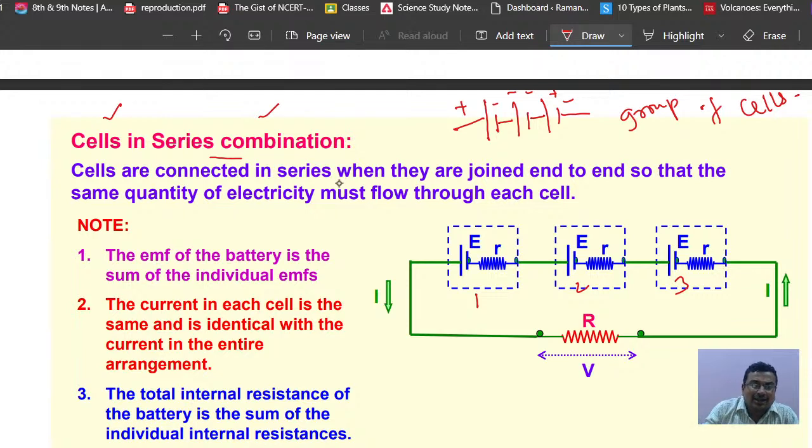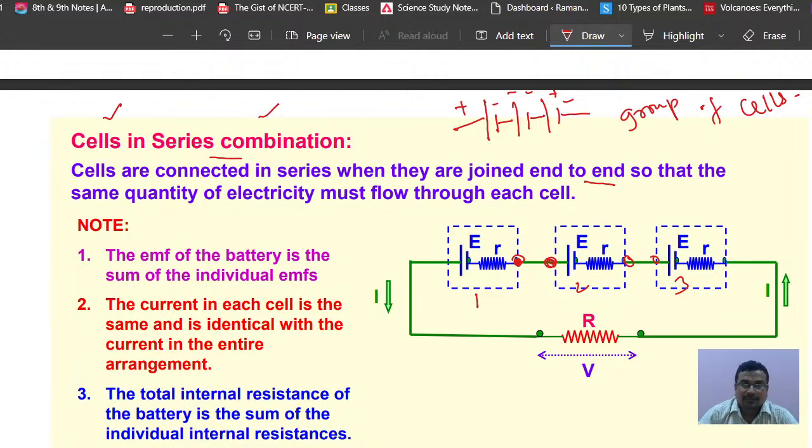Cells are connected in series when they are joined end to end, the end of one cell to another cell. If you take a torch, you are joining the cells. If you take a battery, there are many cells inside the battery. Each cell produces a voltage, the sum of which will be a huge voltage. In a battery, many cells are there, many columns are there.